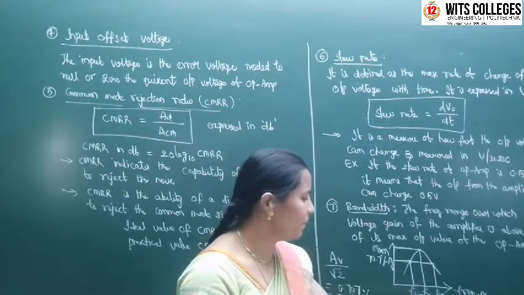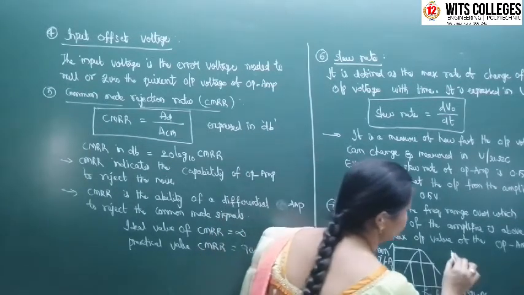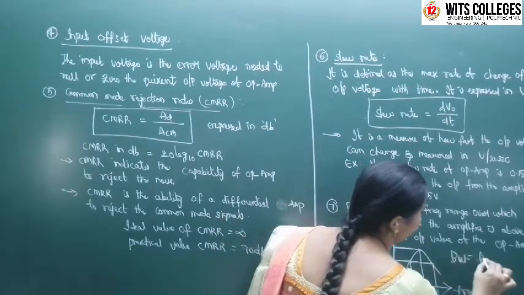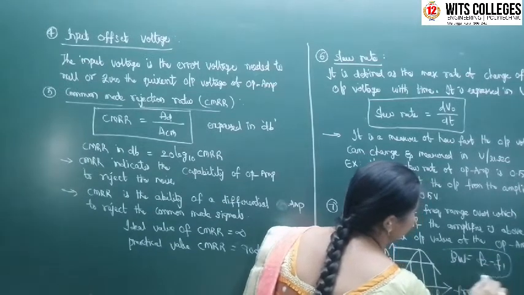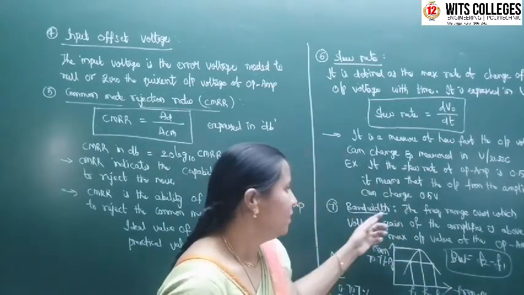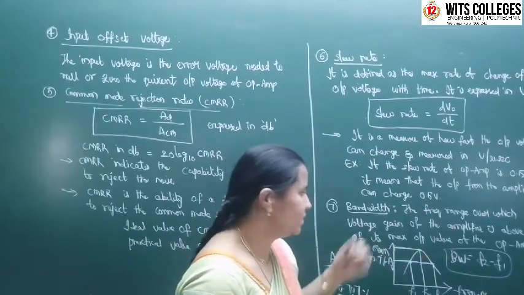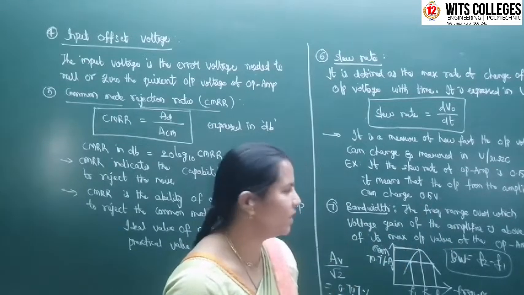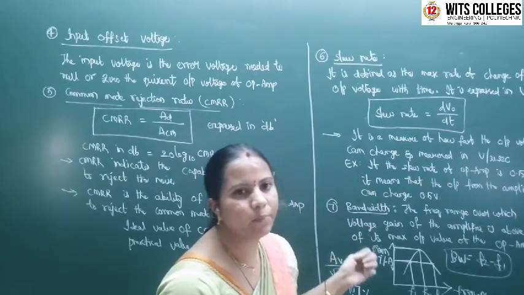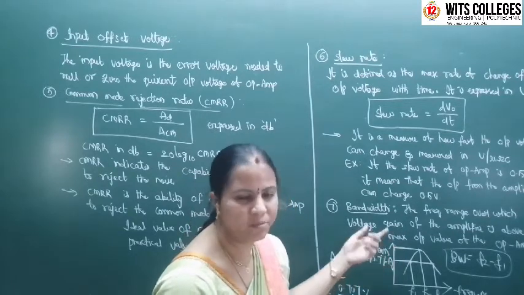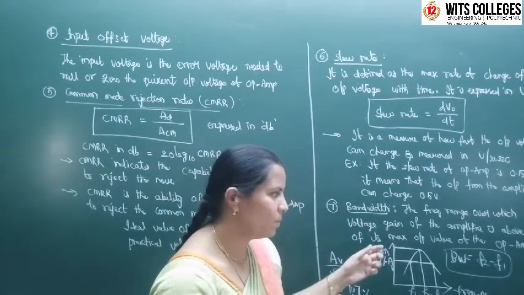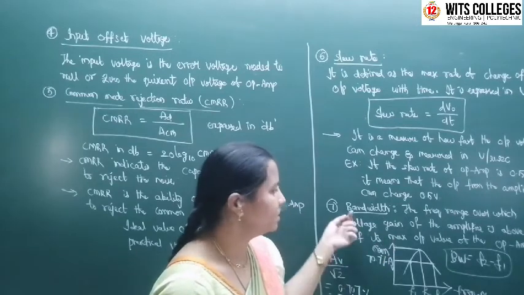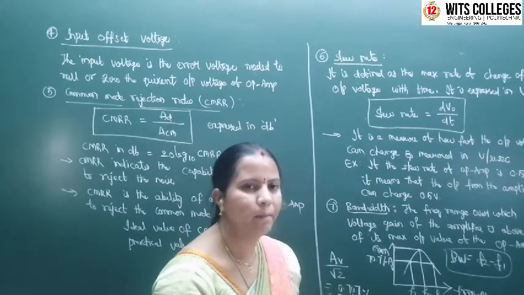The difference between upper cutoff frequency and lower cutoff frequency: bandwidth equals F2 minus F1. Or the frequency range over which the voltage gain of the amplifier is above 70.7 percent of its maximum output value is also defined as bandwidth.